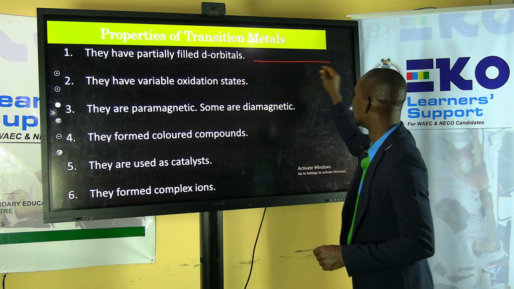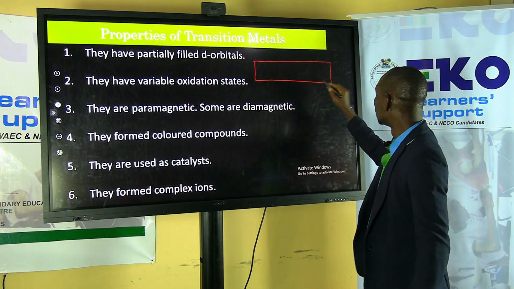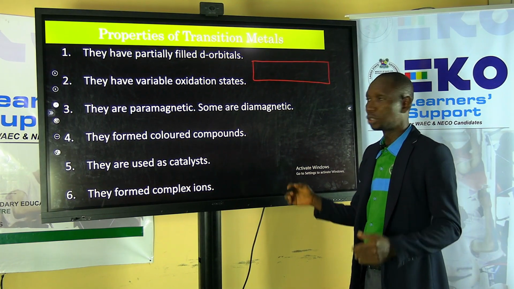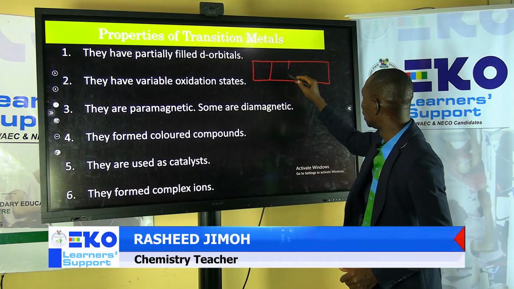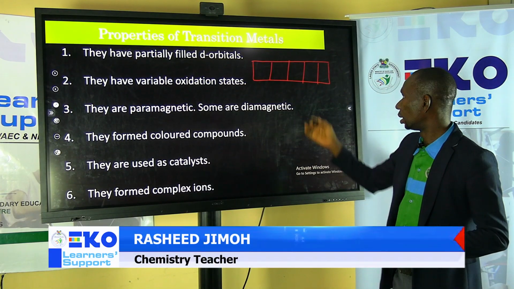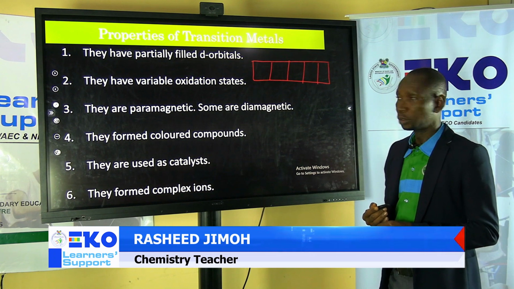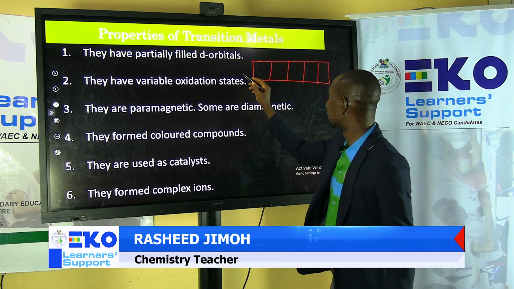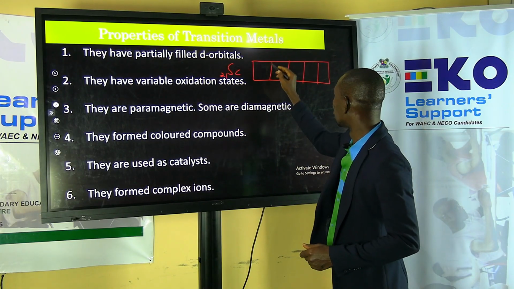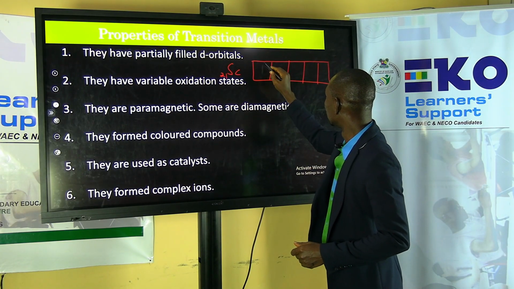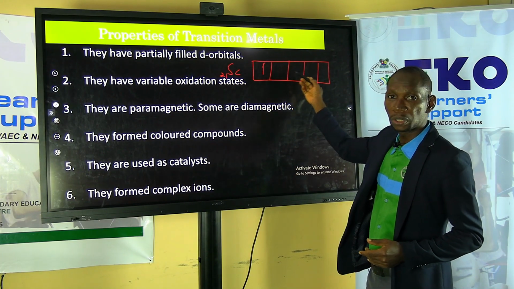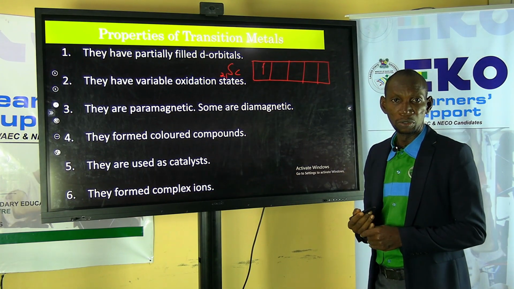The d orbital can accommodate up to 10 electrons, and because electrons love to be in pairs, we divide the d orbital into 5 partitions. For example, an element like scandium, 21, is going to be 3d1, just 1 electron there. So this is partially filled because we still have 9 more electrons to fill.